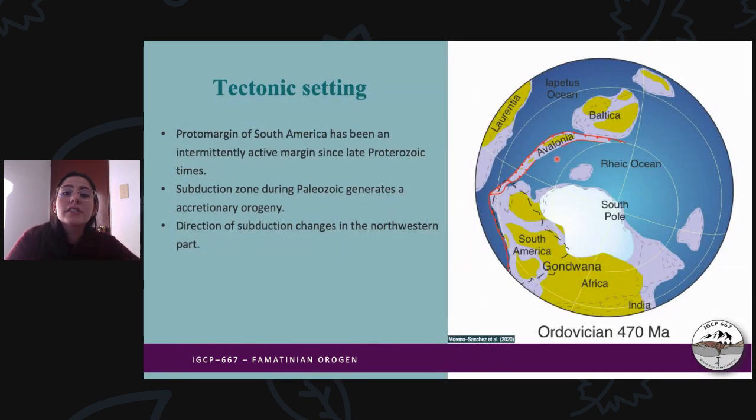Summarizing, the proto-margin of South America has been an intermittently active margin since late Proterozoic times, and this has affected the tectonic evolution of the continent. The subduction zone formed during early Paleozoic generated an accretionary orogeny that has been called Famatinian orogen. It is important to note that the subduction zone is almost continuous and in the same direction from Argentina to Ecuador, but in Colombia and Venezuela, there is evidence of a reverse subduction zone.